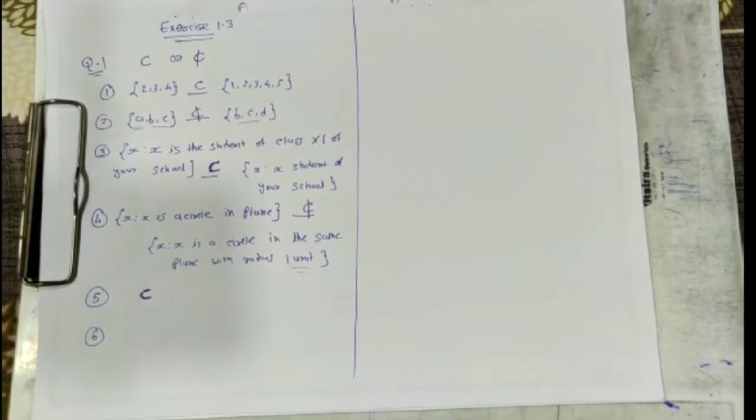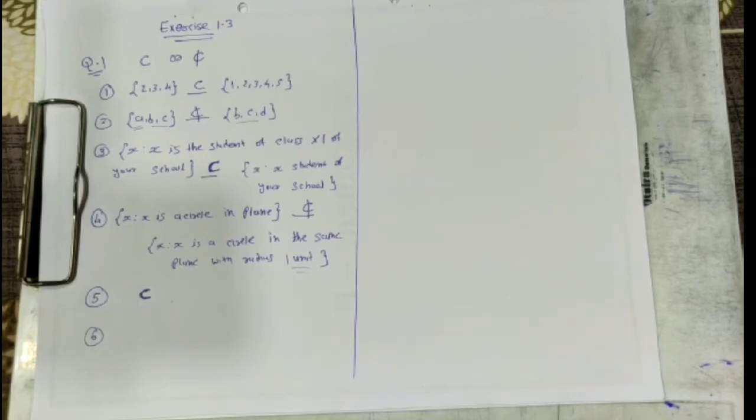Fill in the blank. {x: x is an even natural number}. Which number should we do? Yes. {x: x is a triangle in a plane} and {x: x is a triangle in the same plane}. So what will it be? Subset. Yes. {x: x is a triangle in a plane} and {x: x is a rectangle in the same plane}.